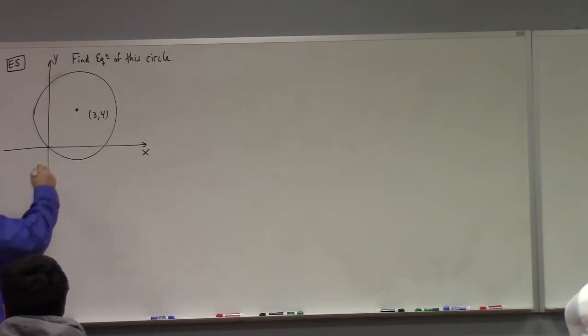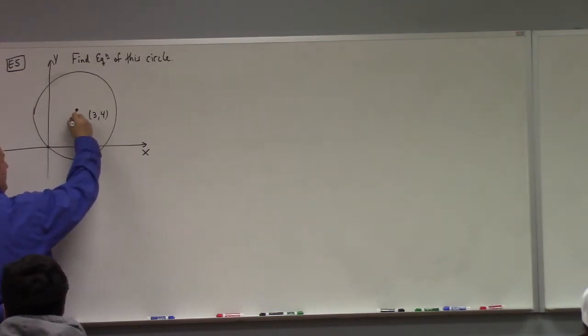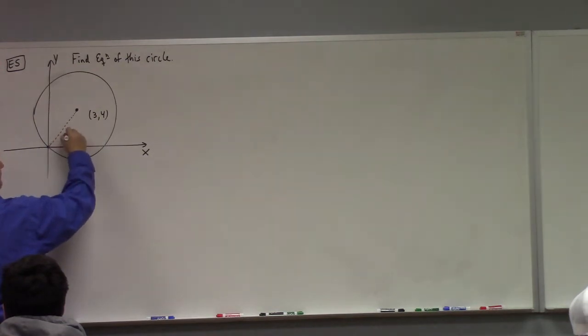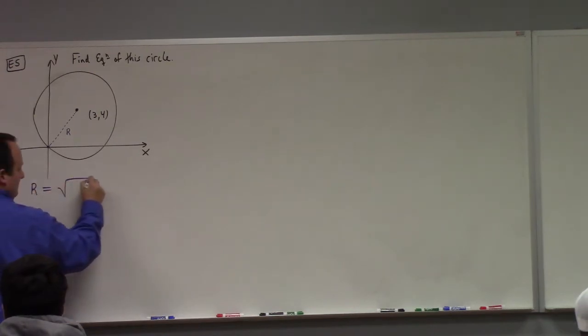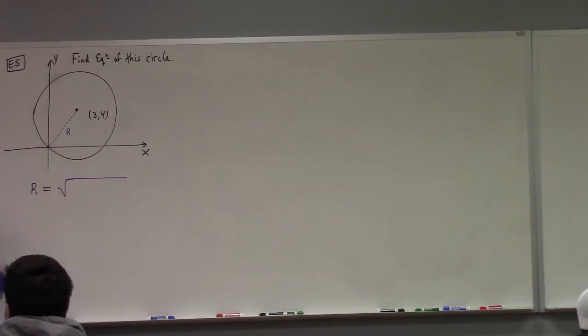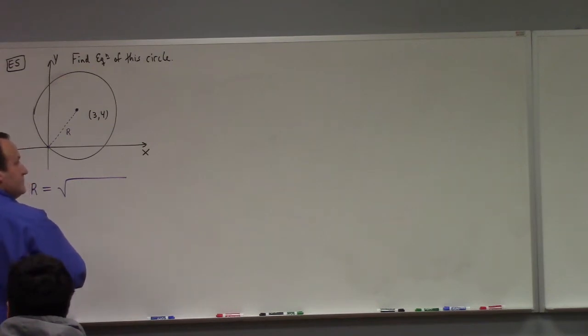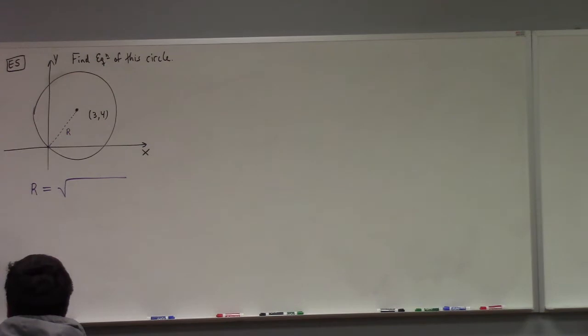So that means that we can measure the radius by looking at this distance right here. So what's r equal to? Square root of what? How do I find how far the point 3, 4 is from the origin? 3 minus, I don't know what it is. Hmm. Maybe I'm just doing 1 r. It's just x, right?